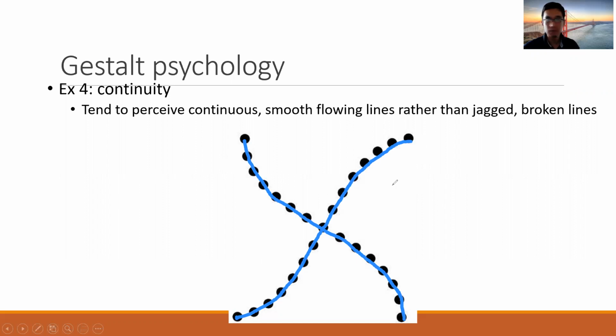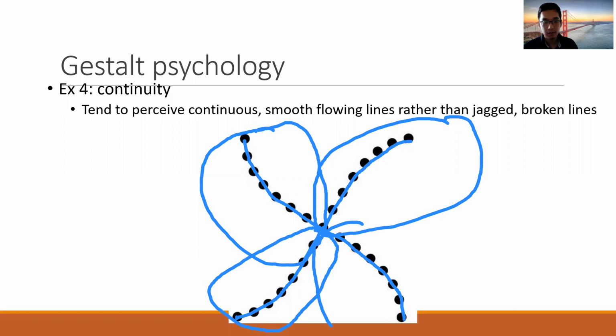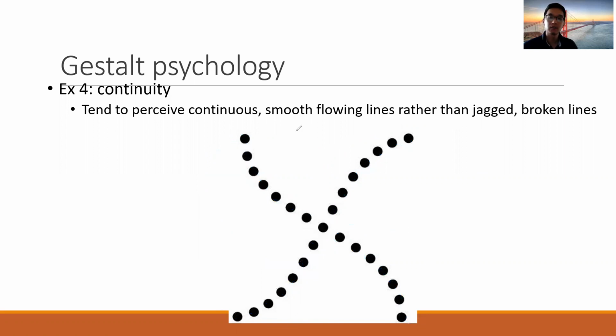People tend to see 2 lines rather than 4 lines. If you ask why there are 4 lines, this part can be 1 line, this part can be 1 line, this part can be 1 line, and this part can be 1 line. But people tend not to perceive it like that.